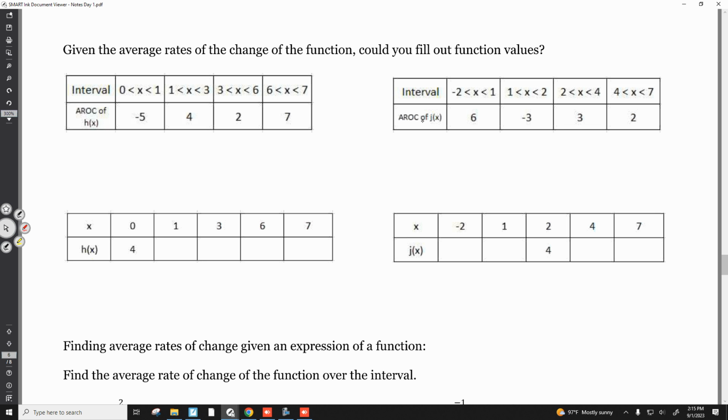An average rate of change is given to us. I know how H is changing by looking at this table. Use this information to tell me what that point has to be at 1. Try. Let me see.